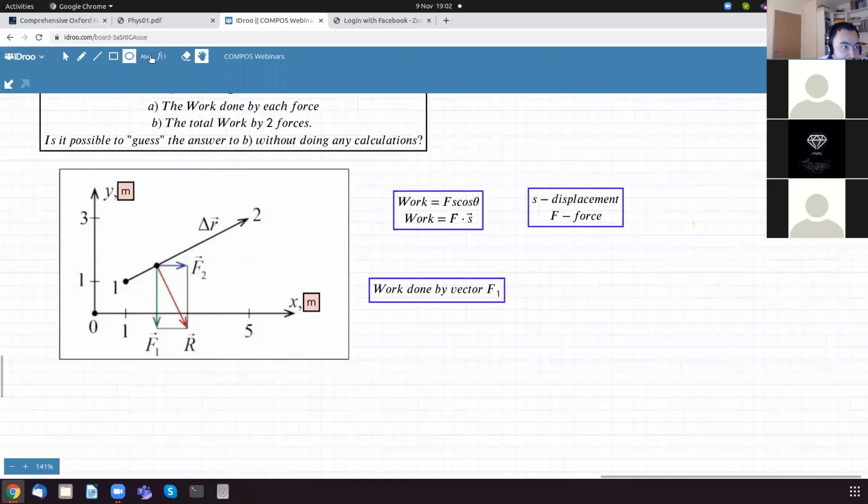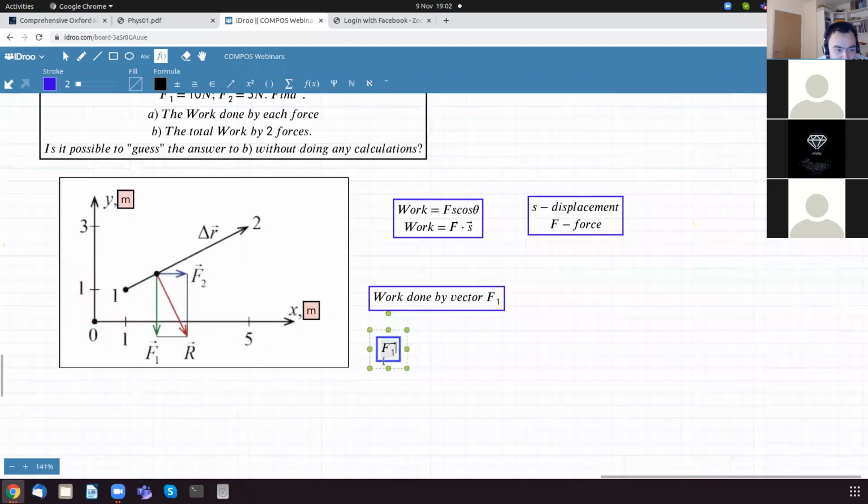The vector F1 is, as a matter of fact, (0, -10).